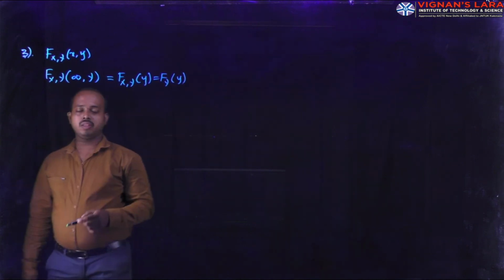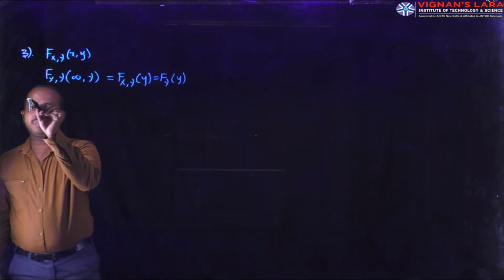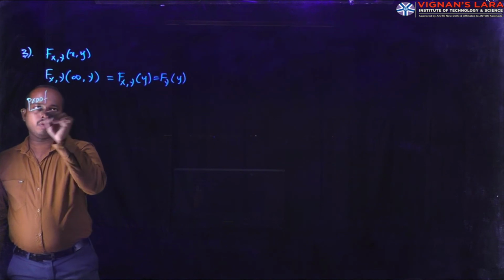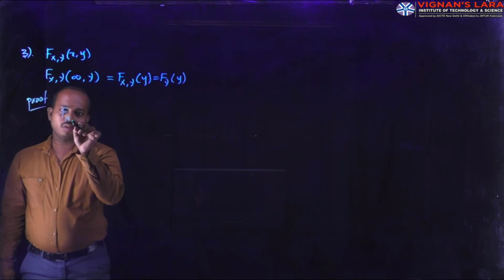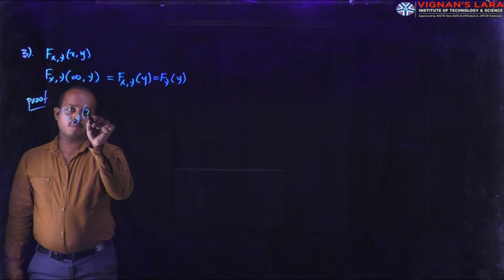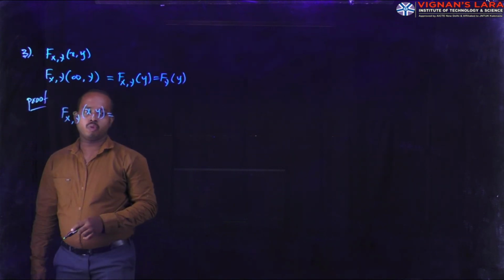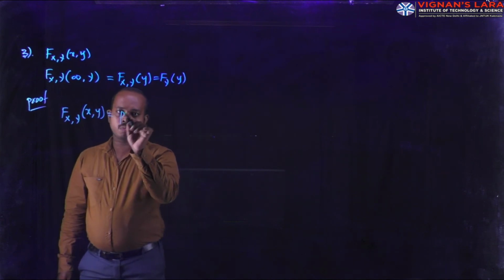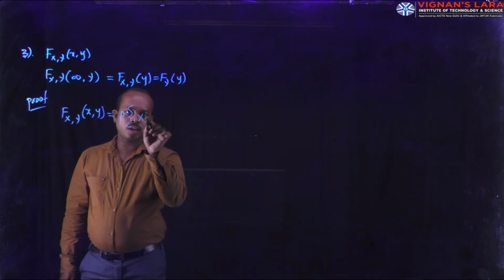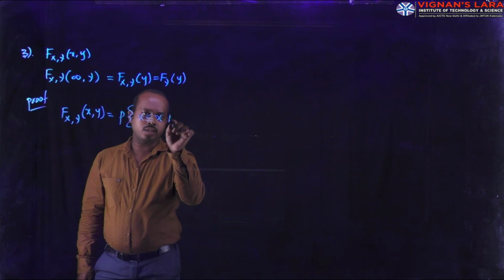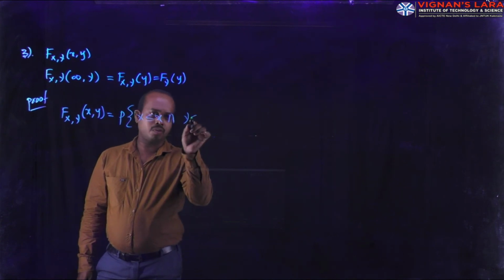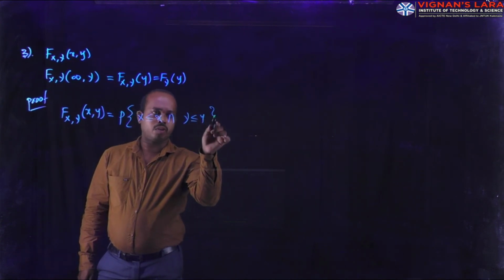How do we obtain this property? You can see here. We write the joint distribution F_{X,Y}(x, y). The function is the probability of capital X less than or equal to small x, intersection capital Y less than or equal to small y.